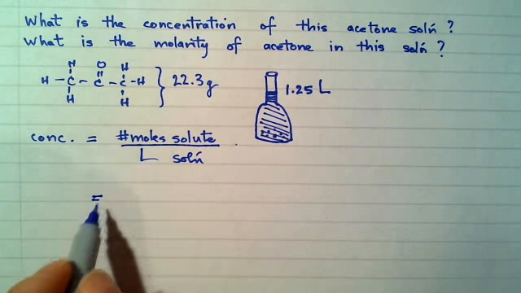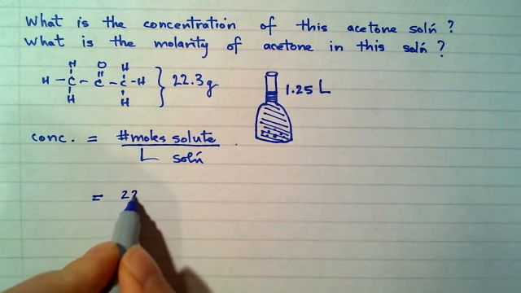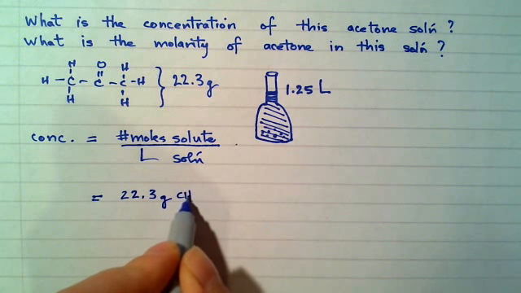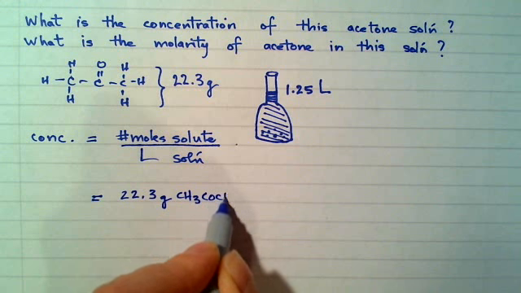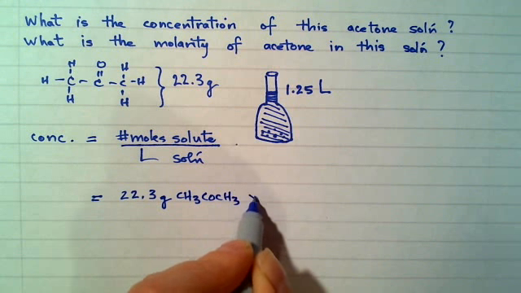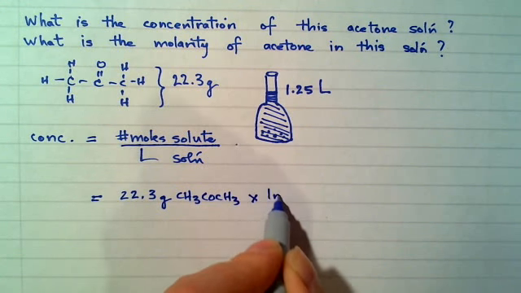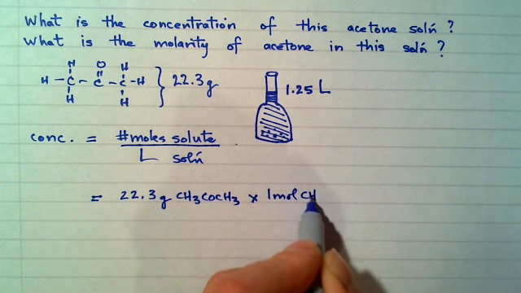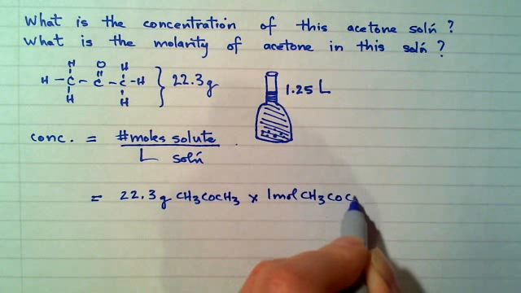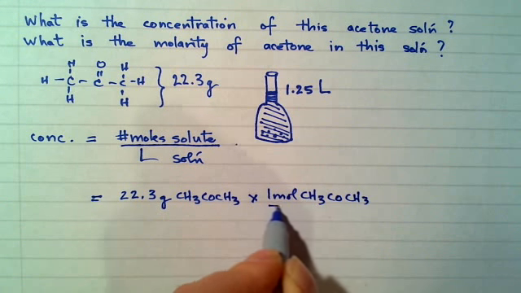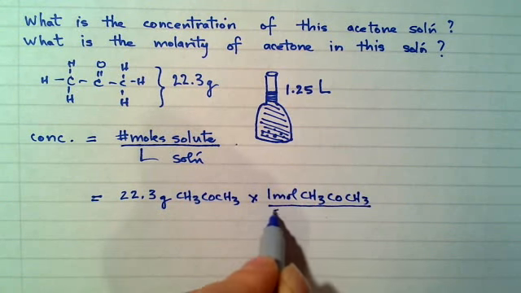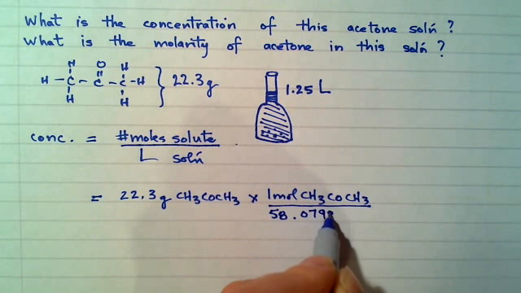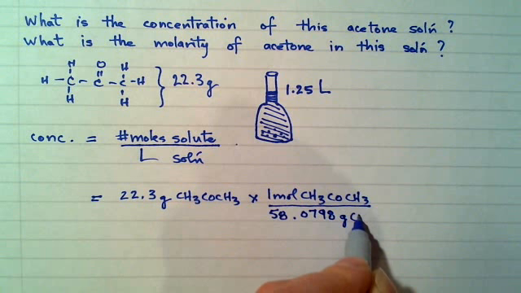I'm working on the top of this equation, so I have 22.3 grams of CH3COCH3, and I know that 1 mole of it, because I have a molecular formula and I can figure that out now, 1 mole of it is 58.0798 grams.